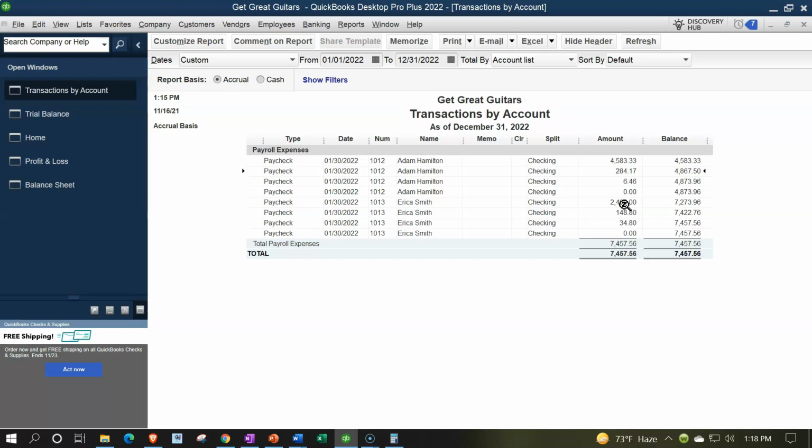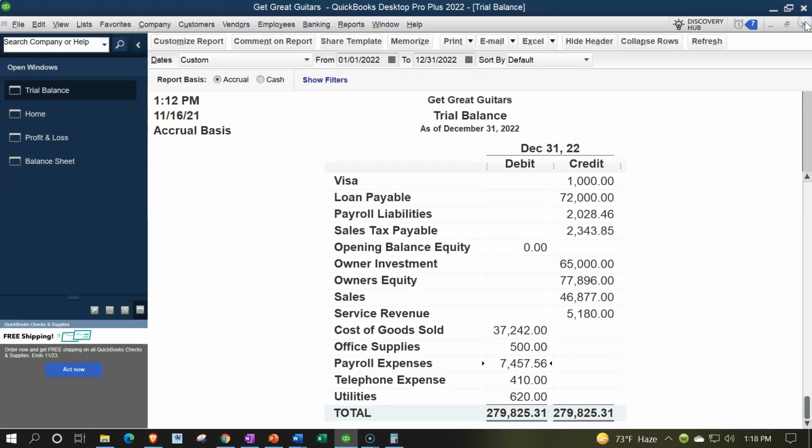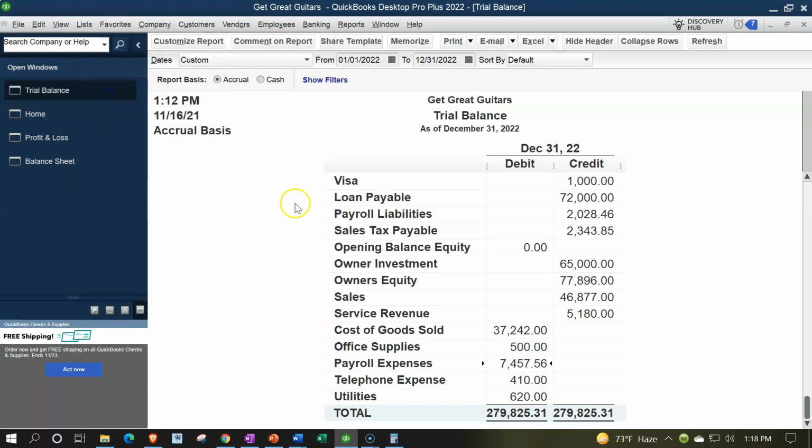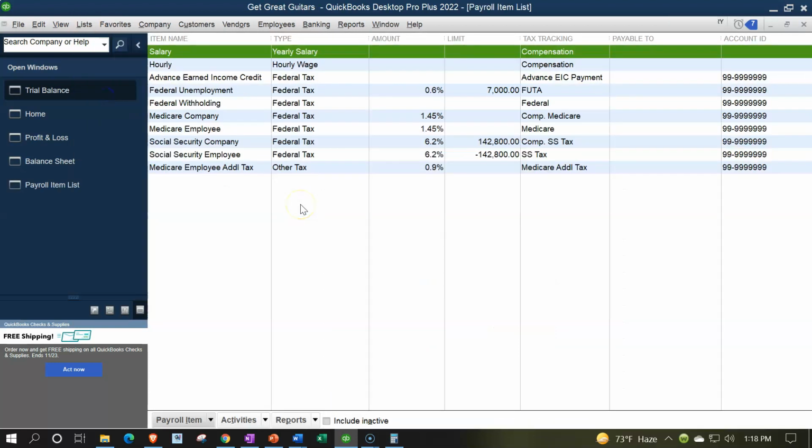So those are the ones that would be the employer taxes, possibly then broken out, if you so choose, into another account. If you wanted to break them out into another account, you can look at the item lists and see how you're going to be setting up your inventory item lists, and then you're looking at the payroll items. So then you could basically look at these item lists and determine, say, the employer taxes.